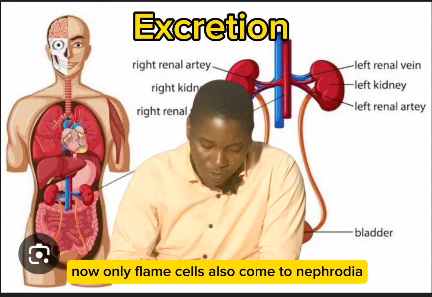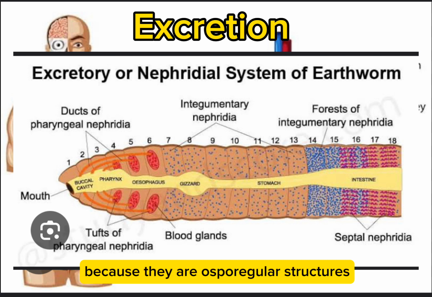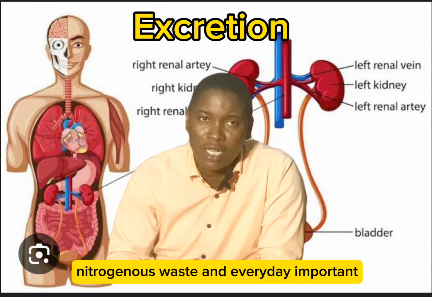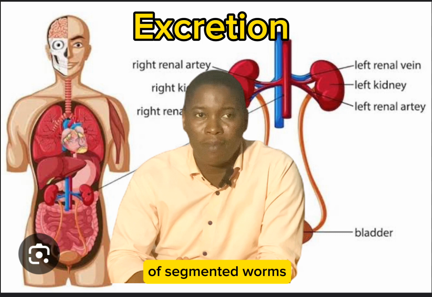Now, when we leave flame cells, we also come to nephridia. Nephridia are really popular because they are osmoregulatory structures that can be found in a lot of worms. They help these worms to excrete a lot of nitrogenous waste. And nephridia are important because they are found in every segment of segmented worms.